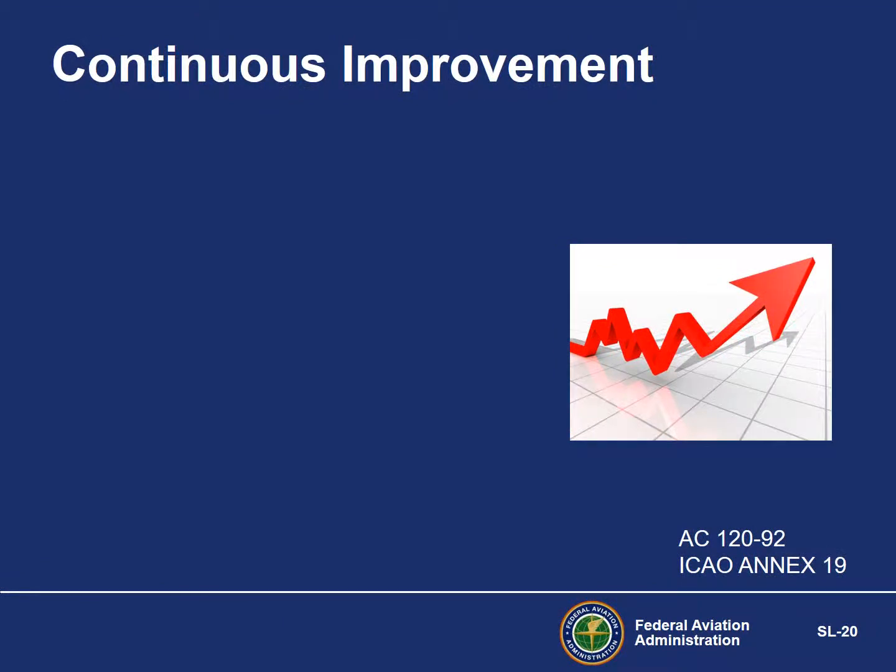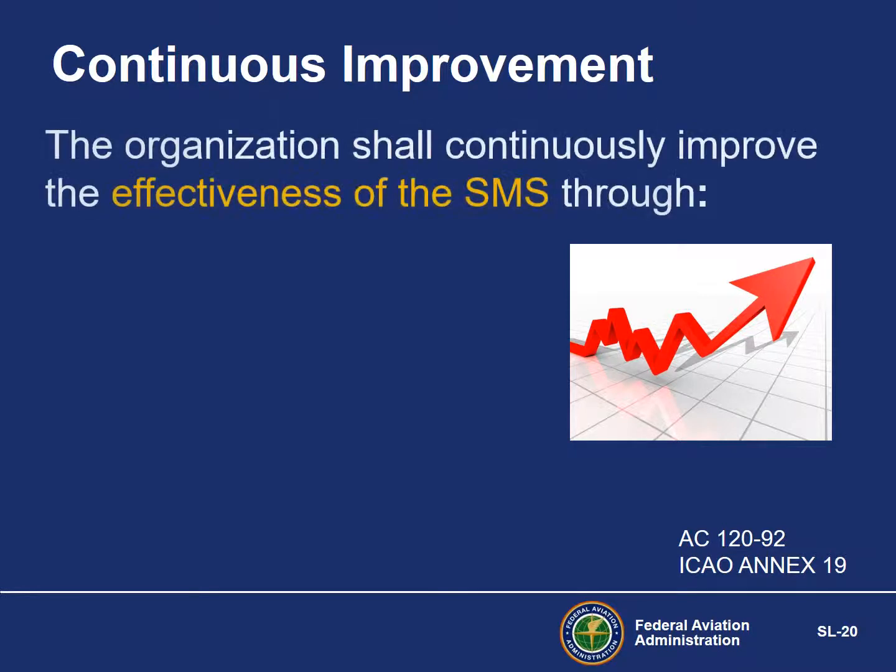While management review closes the SMS loop, continuous improvement ties the knot that combines the elements of SMS into a whole. As stated in the SMS framework, the organization will develop and maintain a process to identify the causes of substandard safety performance, determine the implications of substandard safety performance, and eliminate or mitigate such causes.